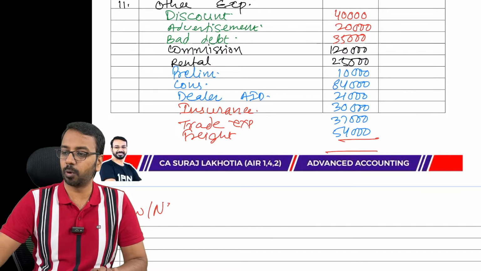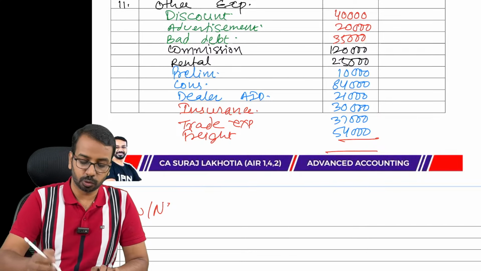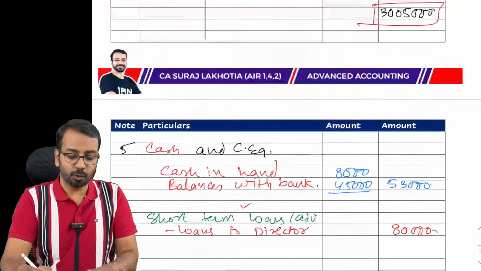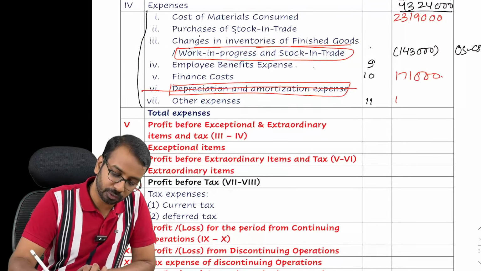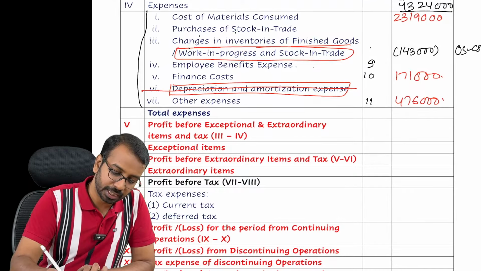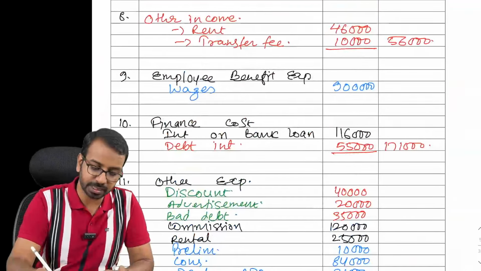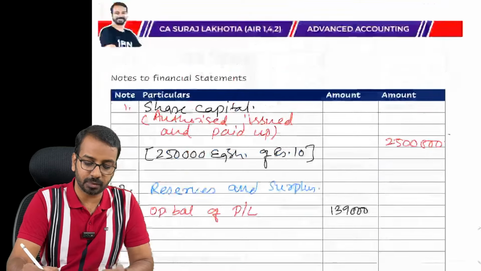So total is 4,76,000. This 4,76,000 we will plot here. Note number 9, employee benefit expense, is how much? Employee benefit expense is 9 lakhs. So that also will be posted here.